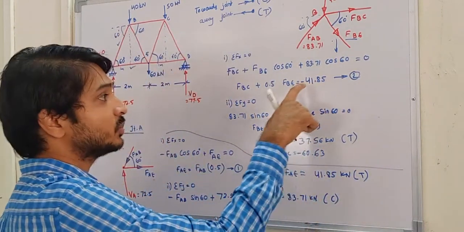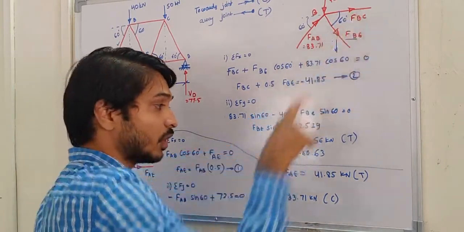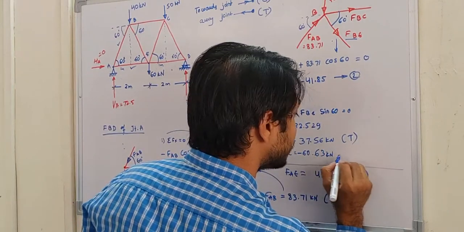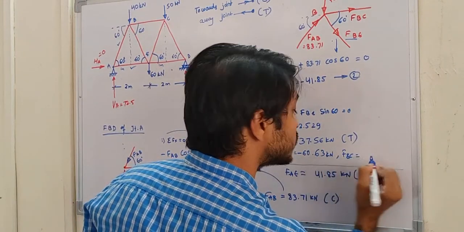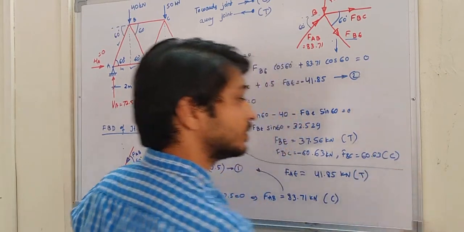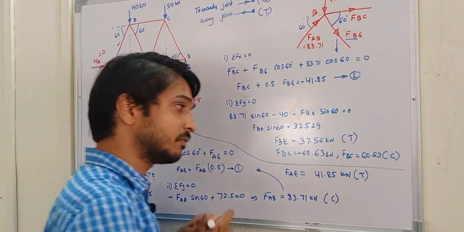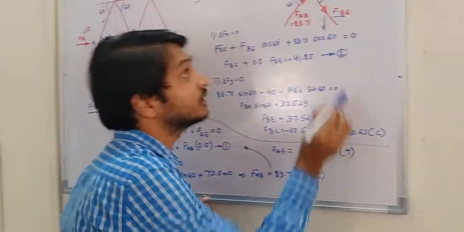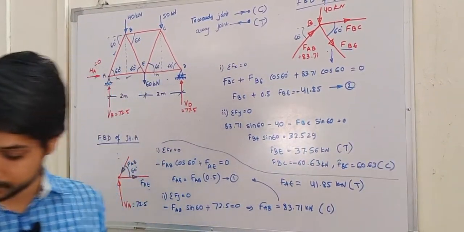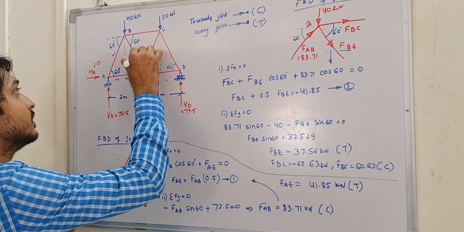But we have assumed FBC as tension, and what we have got is a minus symbol. So FBC is equals to 60.63 and this is compression. Instead of writing minus, I have changed the sign and written compression. Okay, so now we have calculated this one and this one.